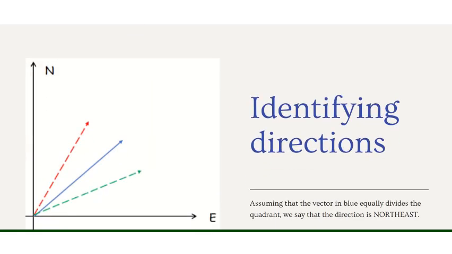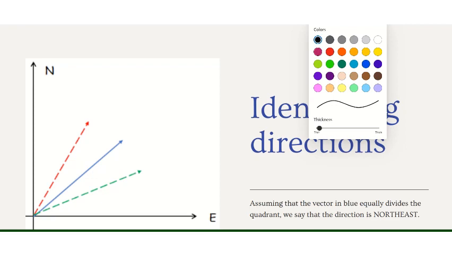Sige, so let's try to identify direction. You have here three vectors: a red vector, a blue vector, and a green vector. What we'll try to look at here is the direction. Assuming that the vector in blue equally divides the quadrant, we say the direction is northeast.